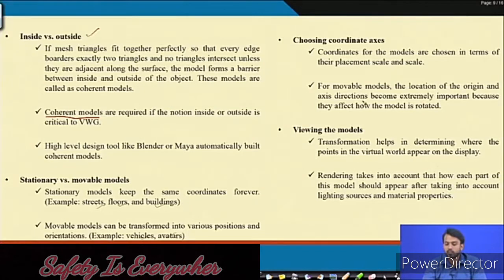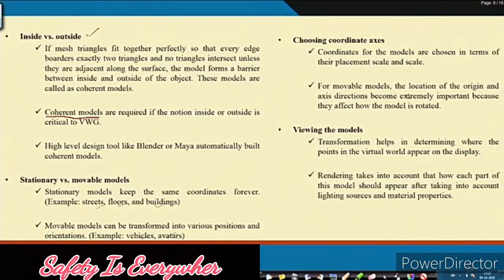If you are considering static models, then their placement and scaling are very important, because to replicate the real world, the static models and movable models should look like the exact components present in the real world, so that the user can feel he is immersed in that particular virtual environment. For movable models, the location of the origin and axis direction are very important because they decide how the model is translated and how it is rotated.